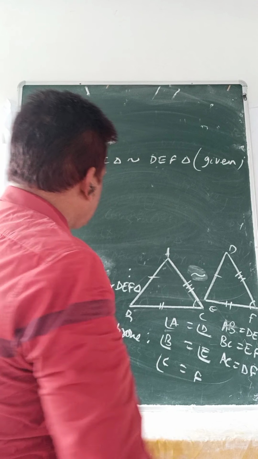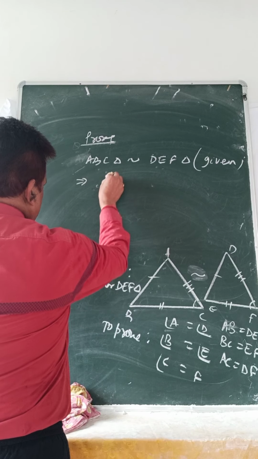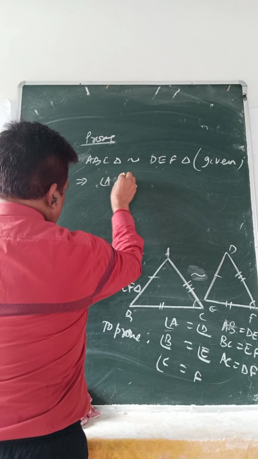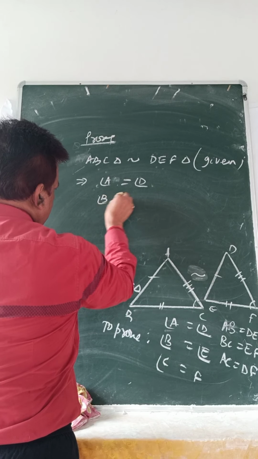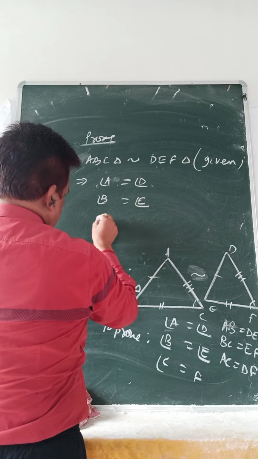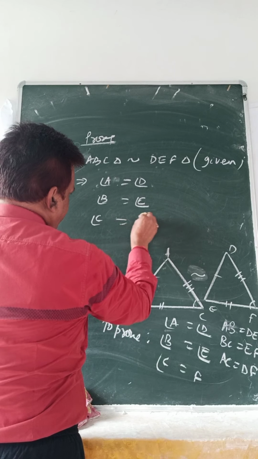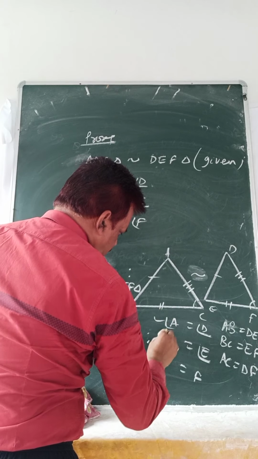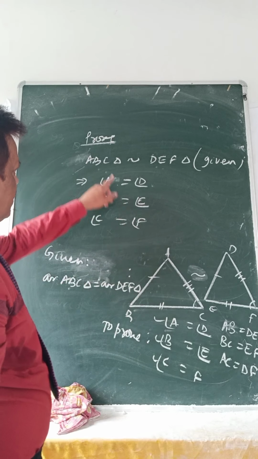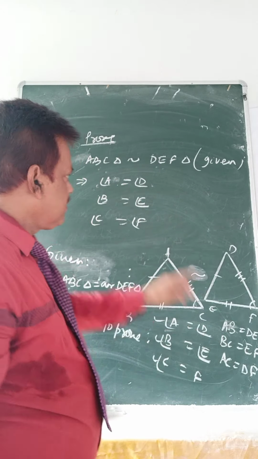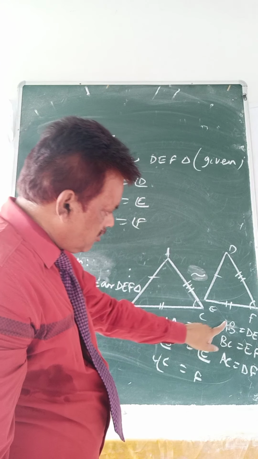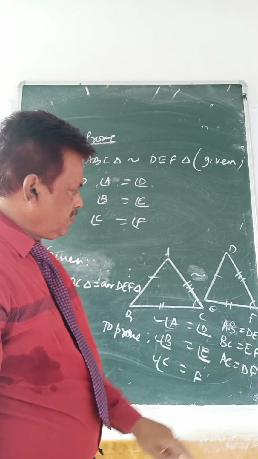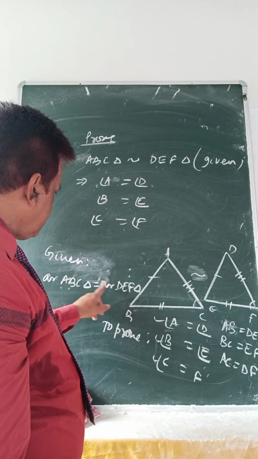Corresponding angles are equal, implies angle A equals angle D, angle B equals angle E, angle C equals angle F. This part is proved automatically, because similar is given, and when similar, corresponding angles are equal. Now you prove this part. So how to prove this part? Now you have to take area.